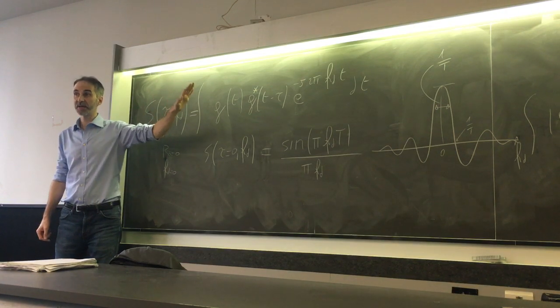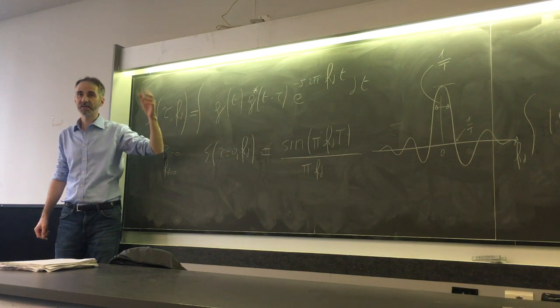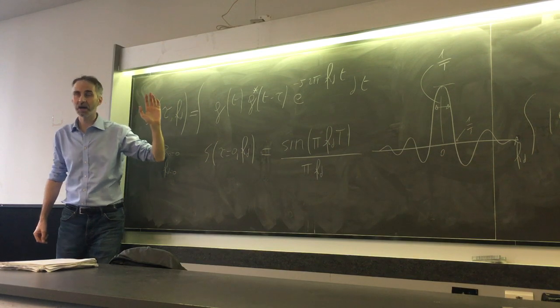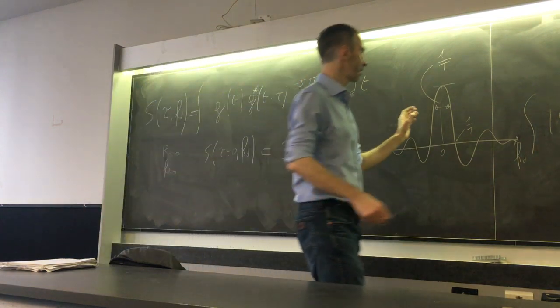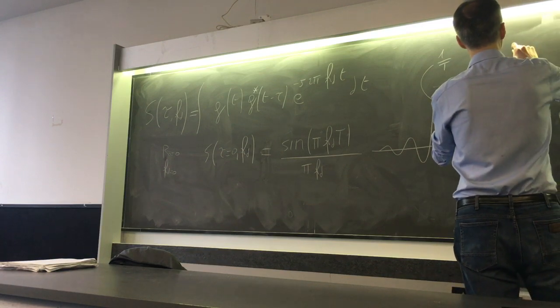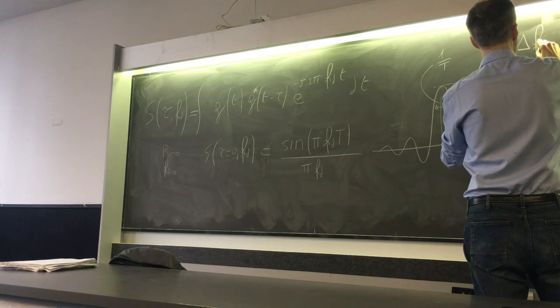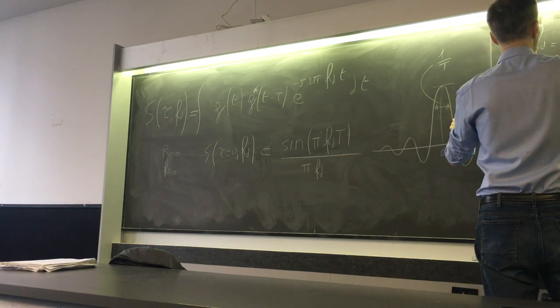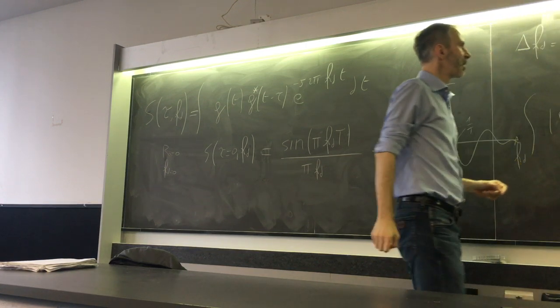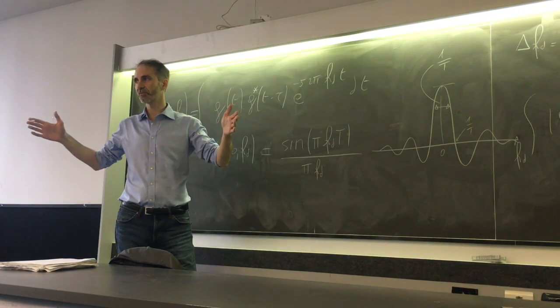We said that for range; if we do the same in frequency, then two targets are resolved if their frequencies differ by more than 1 over t. And so the frequency resolution of your system is 1 divided by t, so the length of your pulse.